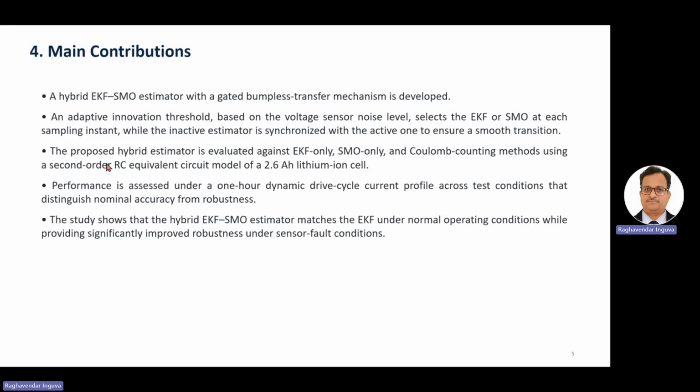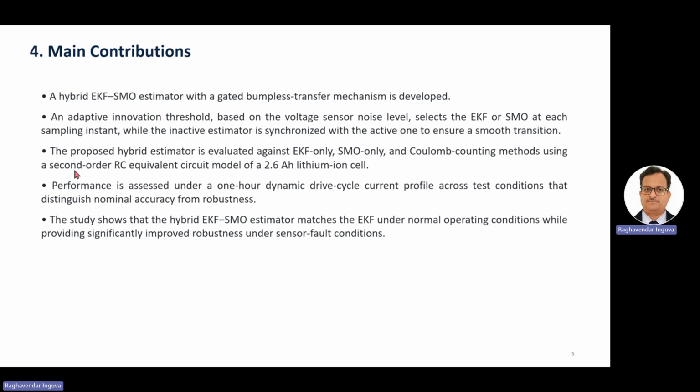Then the proposed hybrid estimator is evaluated against EKF only, SMO only, and Coulomb counting methods using a second order RC equivalent circuit model for a lithium-ion cell of 2.6 ampere hour capacity.